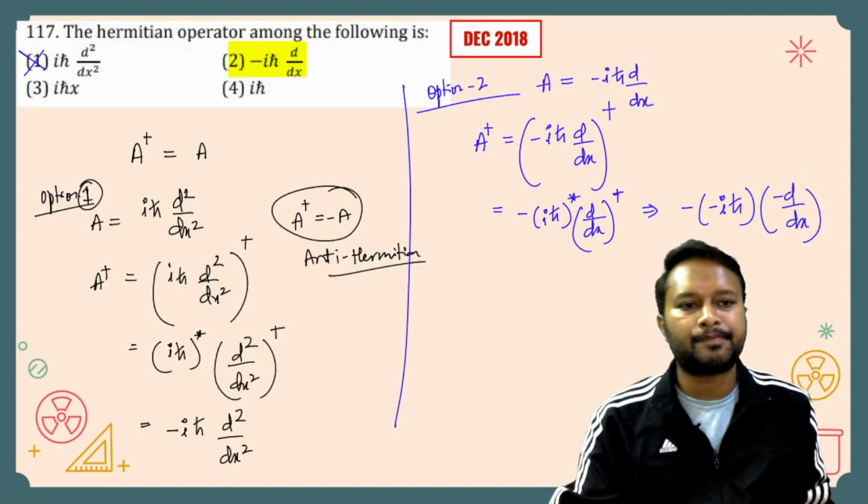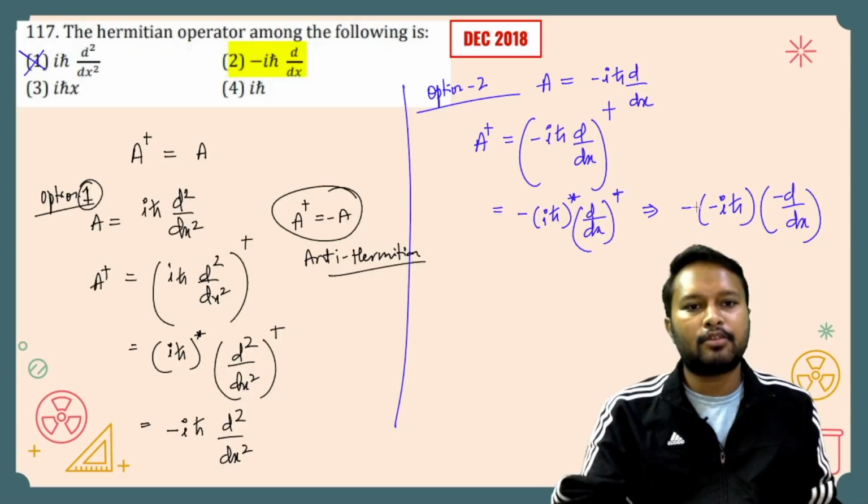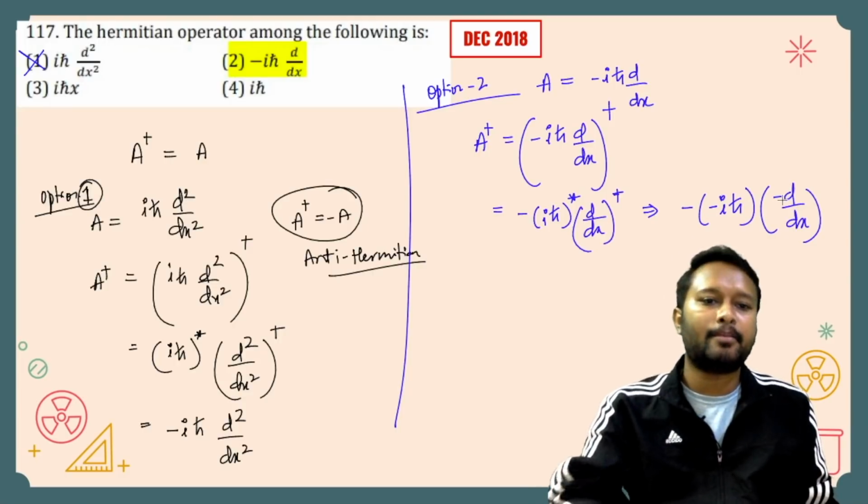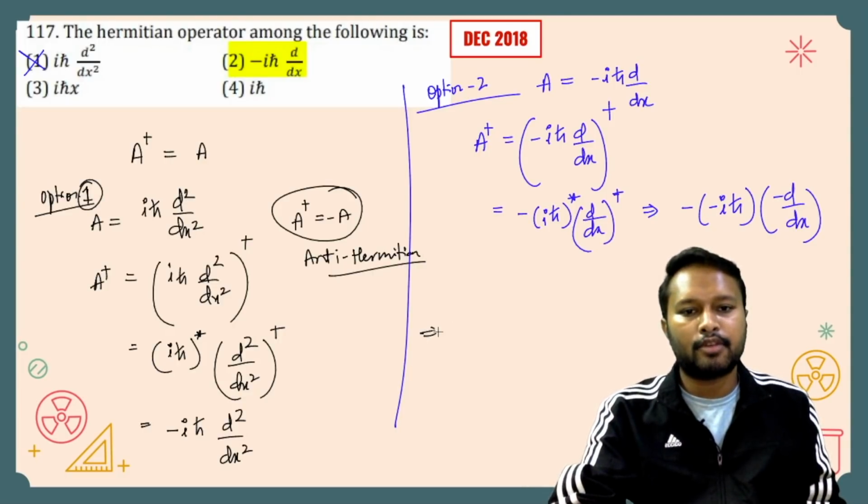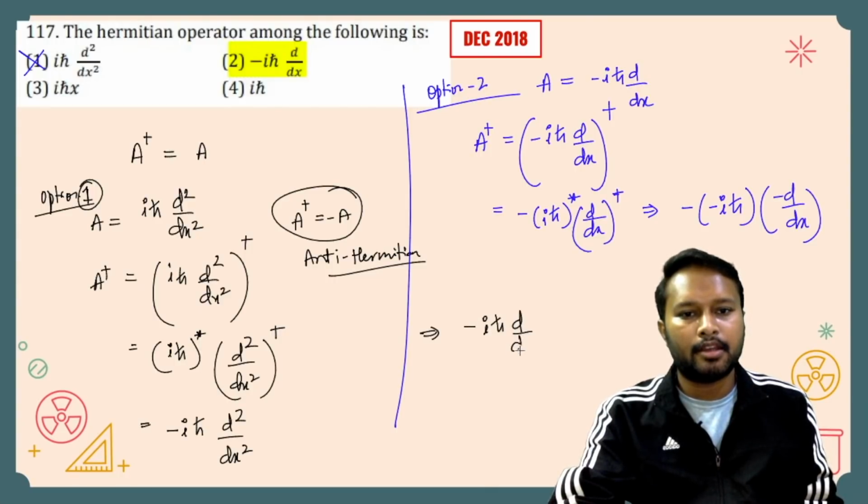You should know this. So overall it will be minus, minus, plus, and again a minus makes it minus. So you get minus i h cross d by dx.